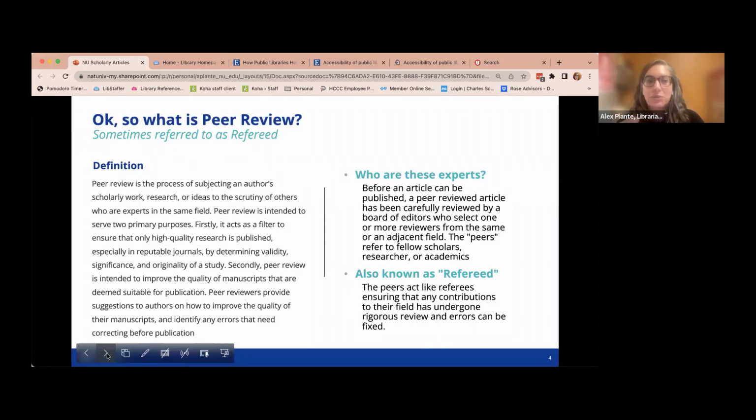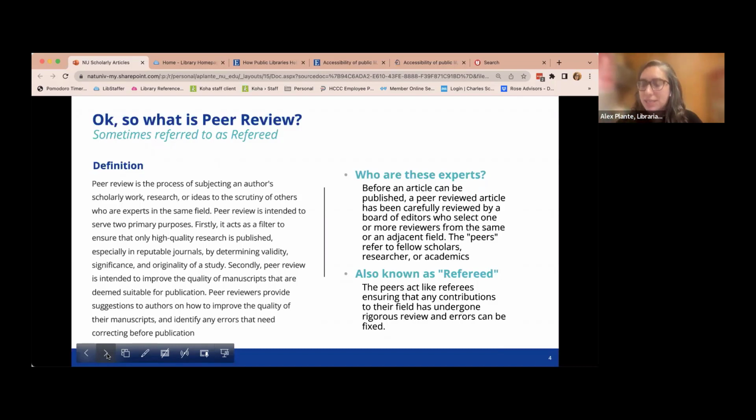Maybe they will ask them to provide more visualizations, data, graphs, things like that that are going to make the work just a little bit more accessible for readers. So peer reviewers provide suggestions to authors on how to improve the quality of their manuscripts, and they identify any errors that need correcting before publication.